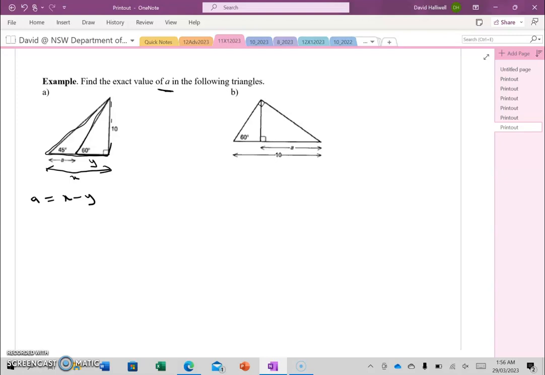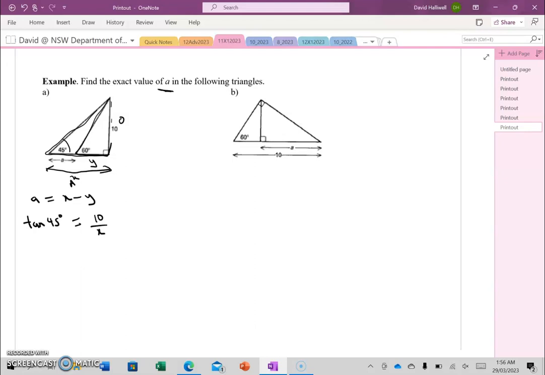Okay, so if we look at the big triangle and look at cos of 45 degrees, that's going to be adjacent, oh no, not cos, it'll have to be tan, because I don't know the hypotenuse, I know the opposite, and I know the adjacent. So that's going to be opposite over adjacent, which is 10 over x.